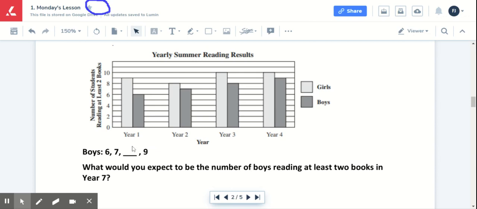So if we fill in the blank here, looking at year 3, we know that this is going to be 8.